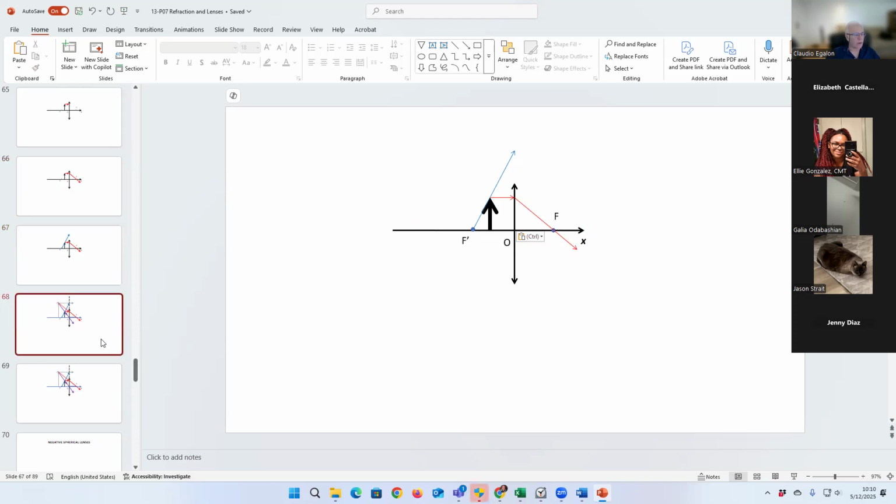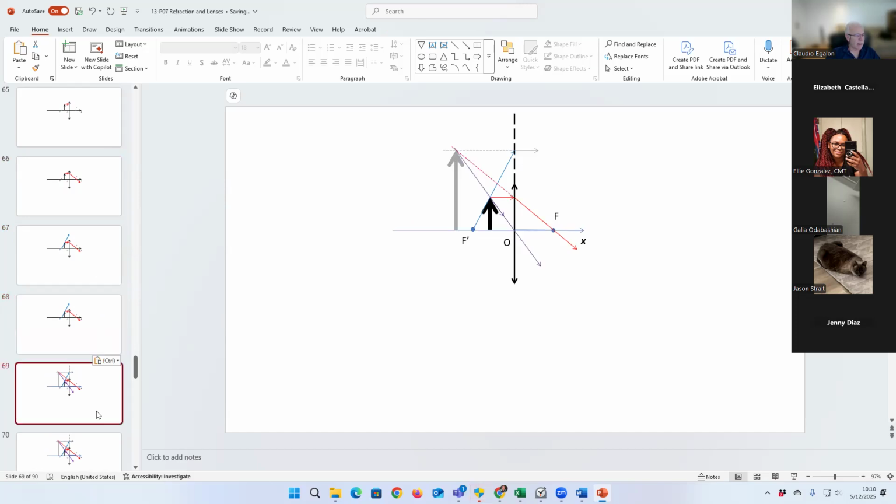It's not intersecting the lens. It is as though the lens is infinitely long and can affect the path of the light ray.